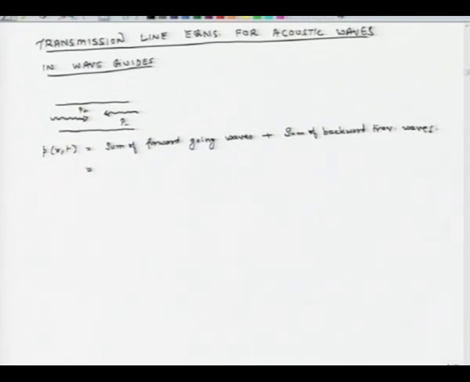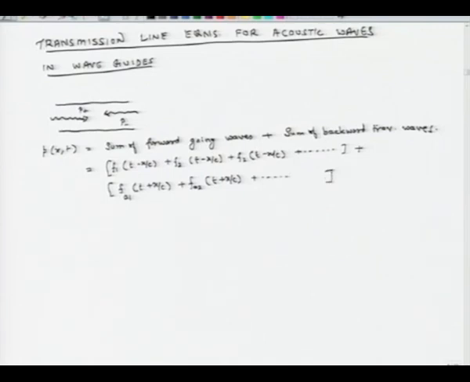So, the sum of forward traveling waves could be f1(t - x/c) + f2(t - x/c) + f3(t - x/c), and so on and so forth. So, all these are forward traveling waves. So, I bracket them, and then the sum of backward traveling waves, I designate that as fa1(t + x/c) + fa2(t + x/c). So, all that is the reflected wave.